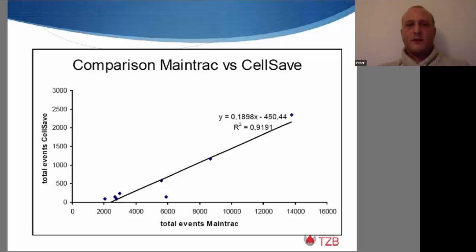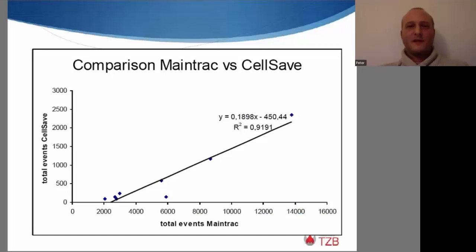But if CellSearch finds 0, we already find 2,500 events. So we can say we are about 1,000 or 2,000 times more sensitive than most of the other methods using enrichment or any other technique.